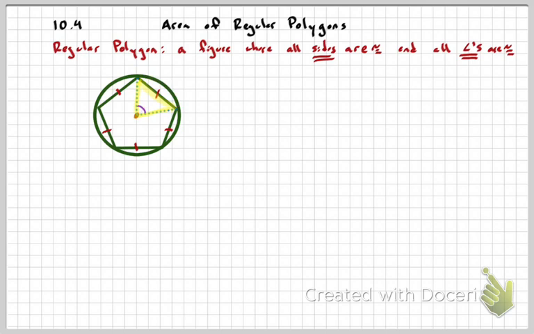Another important thing to point out is how many arcs we have: 1, 2, 3, 4, 5. Notice how many sides we have for our pentagon. Also 5. So the number of arcs created is also the number of sides within your shape. Now if I add in 3 more radii, 1, 2, 3, notice how many triangles I have: 1, 2, 3, 4, 5.